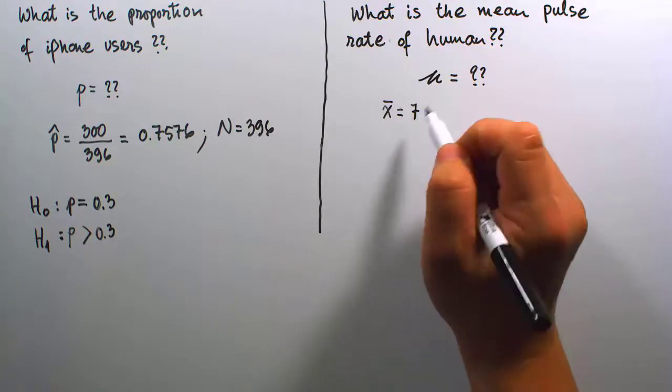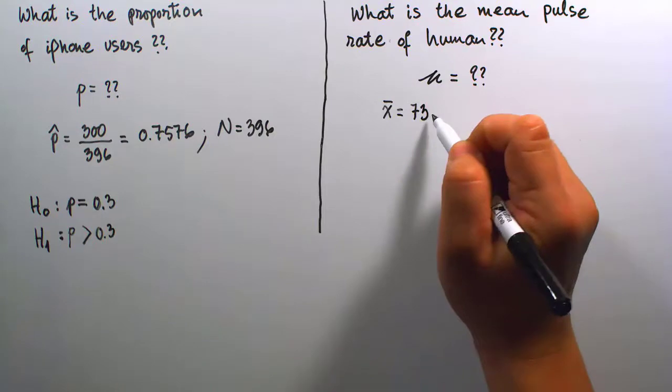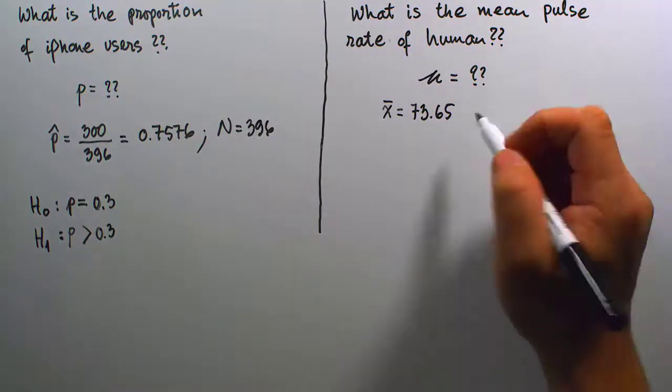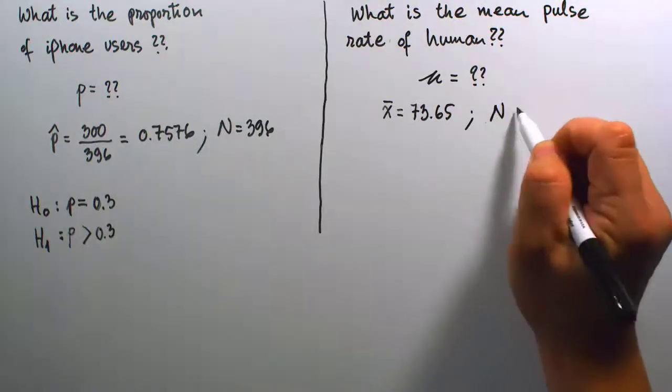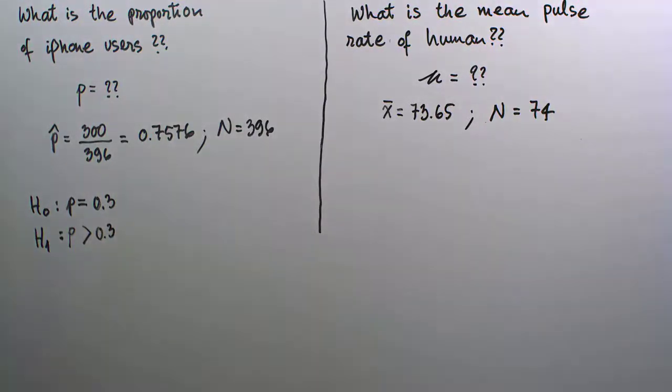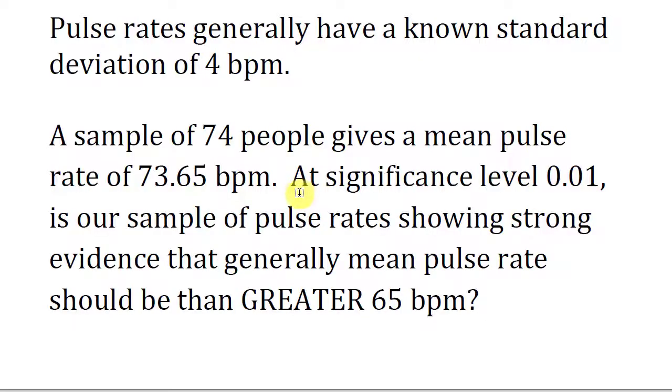We only know we have a sample, and our sample has a sample mean of 73.65 beats per minute. This sample is 74 people, so its sample size is 74. And again, the actual question that helps us identify the hypothesis is here. At significance level 0.01, we don't need to worry about that phrase yet.